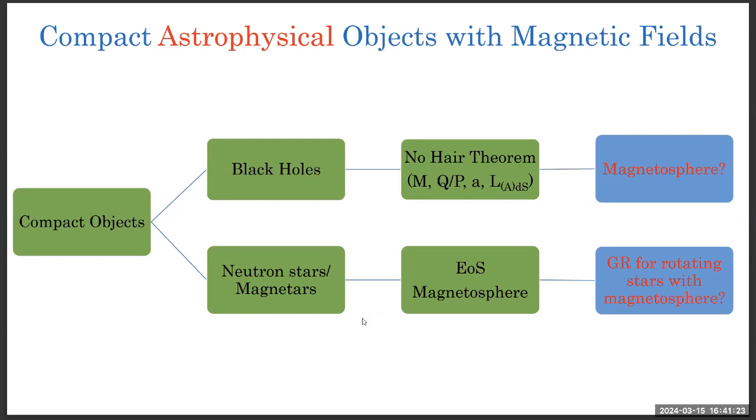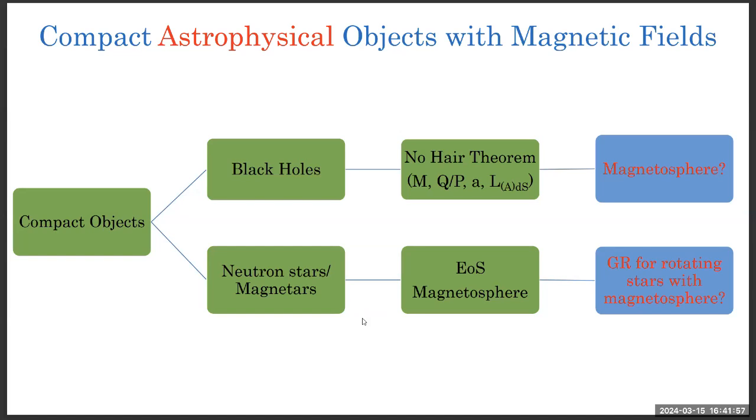So we need a rotating space-time geometry. And different from the black hole with the no-hair theorem, it has an equation of state. There is no horizon. So we have to incorporate the equation of state of matter on the right-hand side of the Einstein equation, together with the magnetic field. That is more challenging, very complicated. Only numerically can we do it.